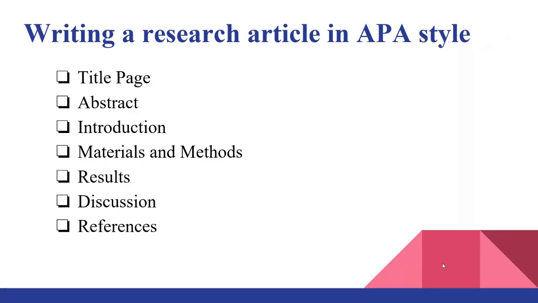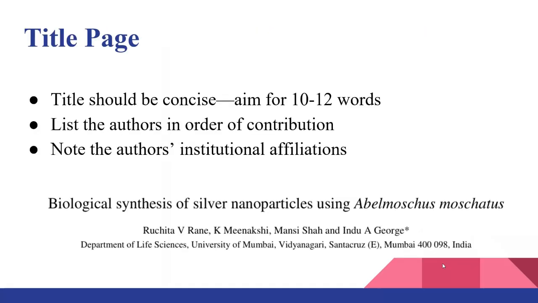First is the title page, followed by the abstract, introduction, materials and methods, results, discussion, and references. Let's go through each part and see some important points to remember while writing every section of this research paper.